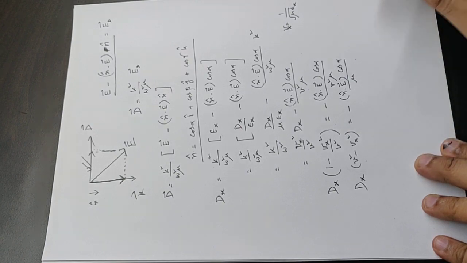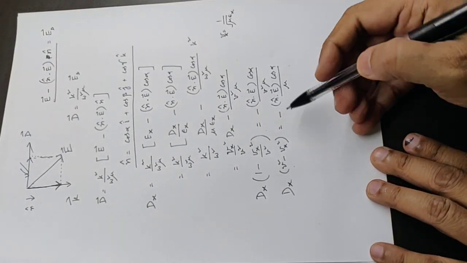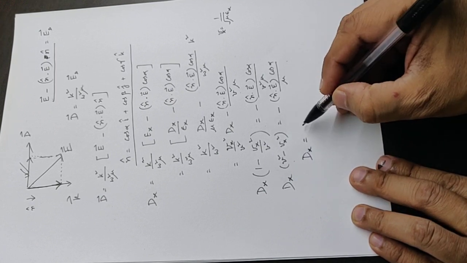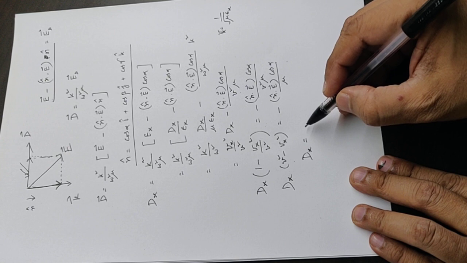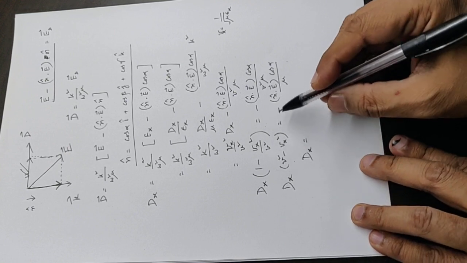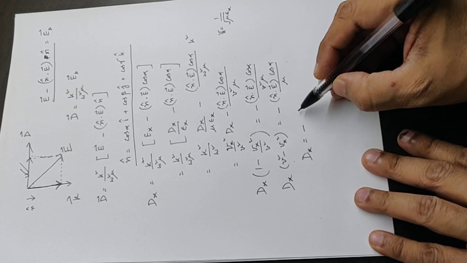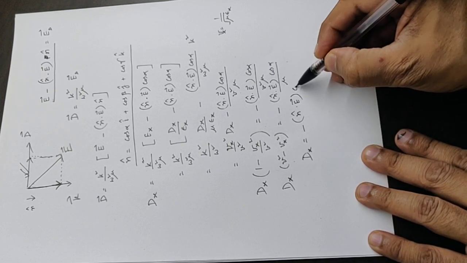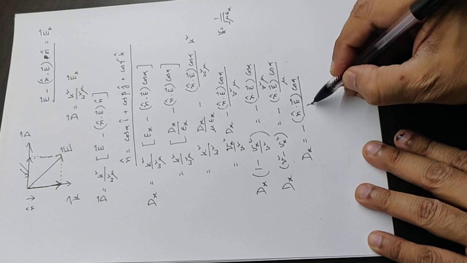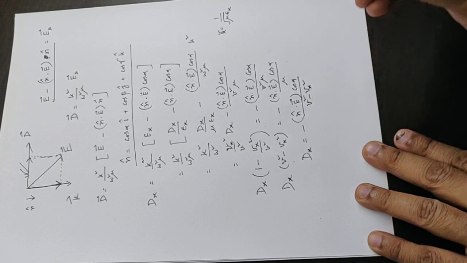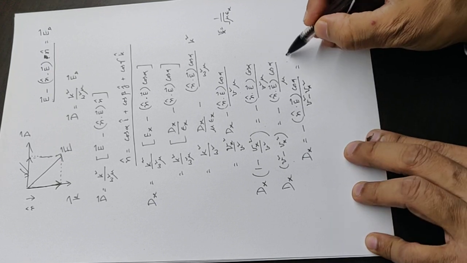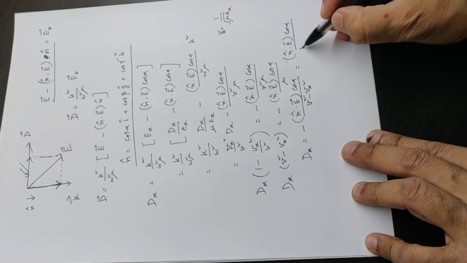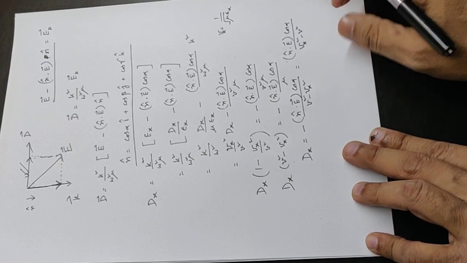V square would get cancelled on both sides. So dx is now simple. It is minus n dot E cos alpha divided by v square minus Vx square, or n dot E cos alpha divided by Vx square minus v square.